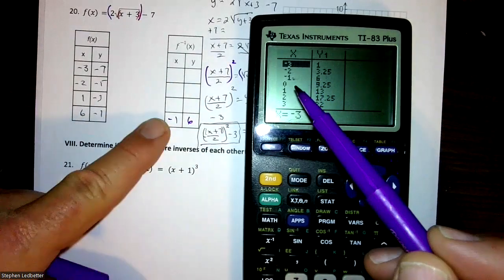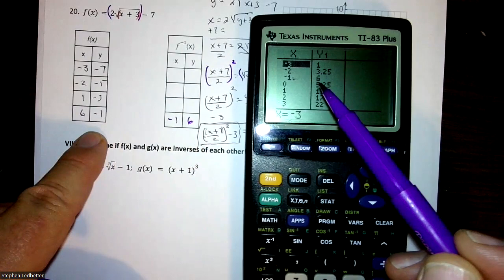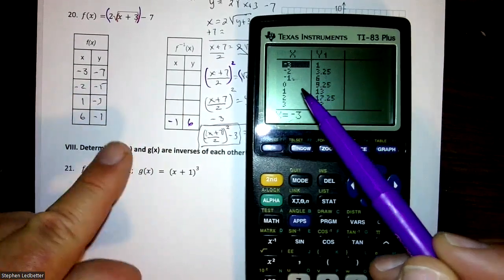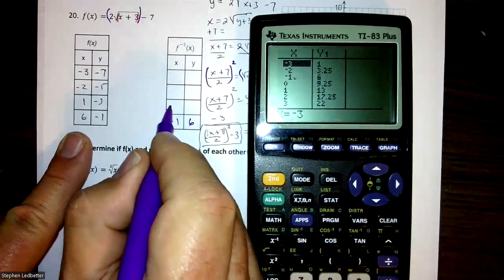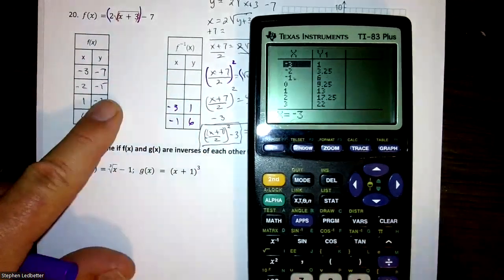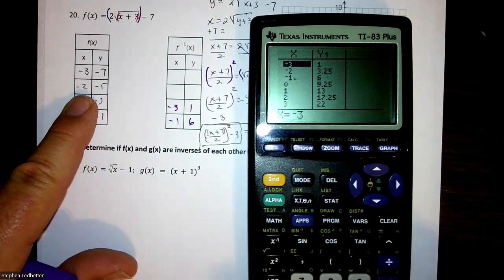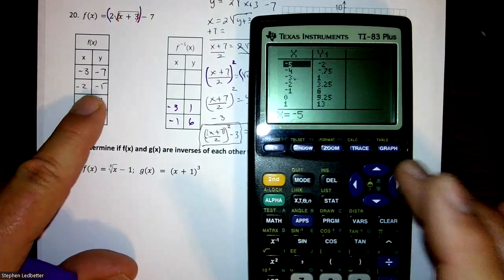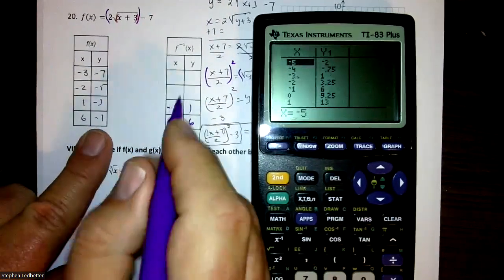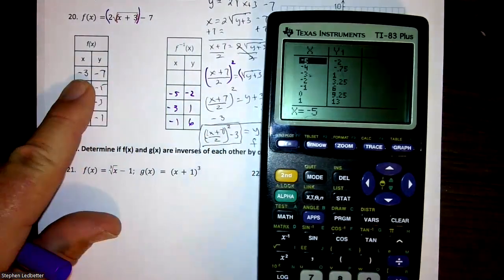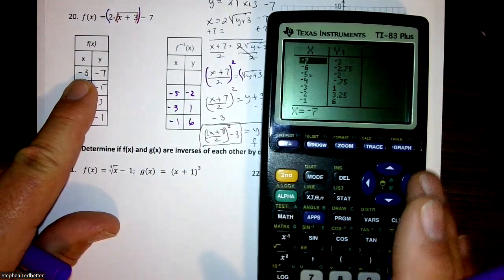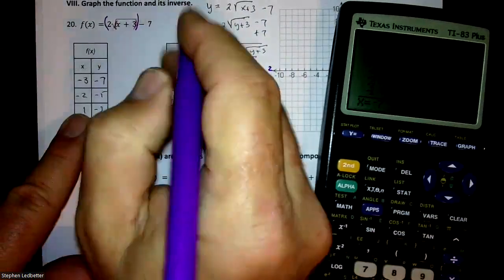This is the inverse. Remember, it's like flipping it. But the next one's -5 and -2. And the next one should be -7 and -3. There it is. So it's perfect. So we know we got it right.